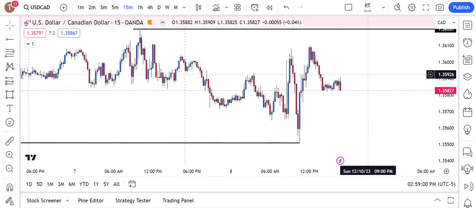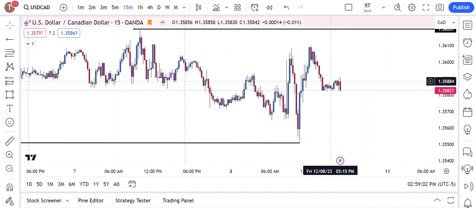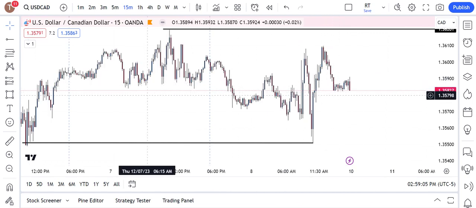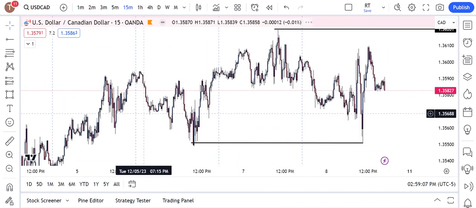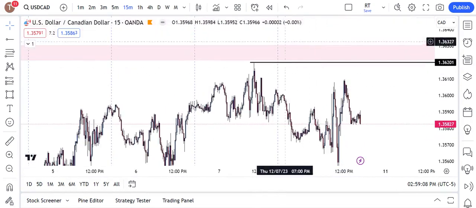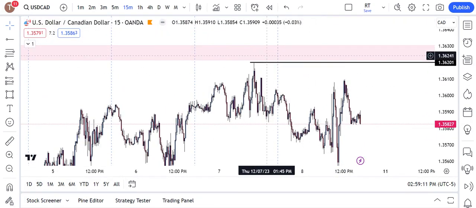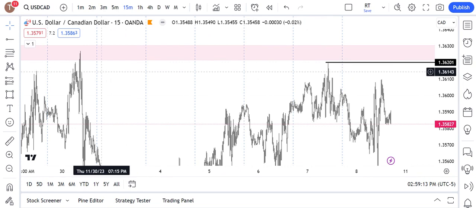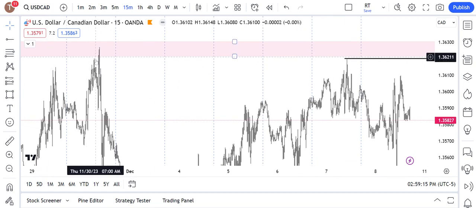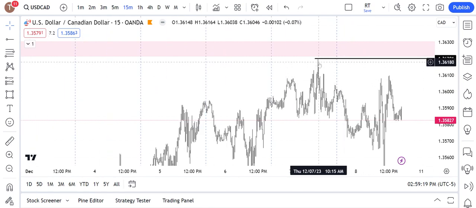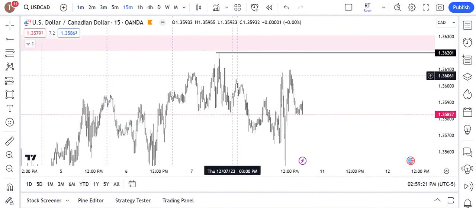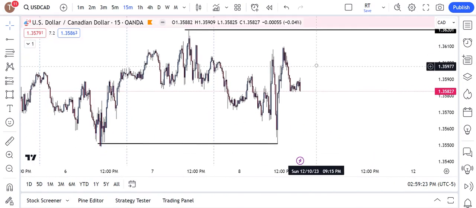Friday was actually NFP, so I stayed out of the market completely on Friday, but I did catch some buys as price did come into this point of interest, the previous week, excuse me, right here for the end of November. And then price looks like it wanted to come back up this way, and it didn't quite touch.